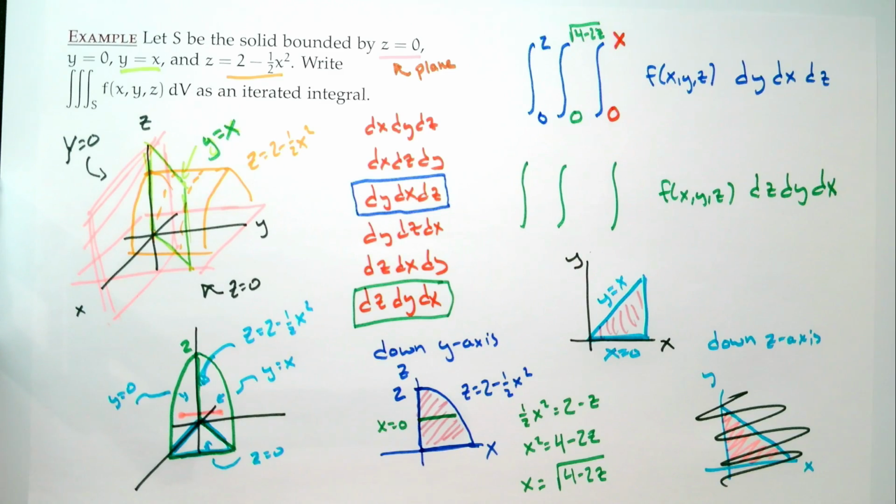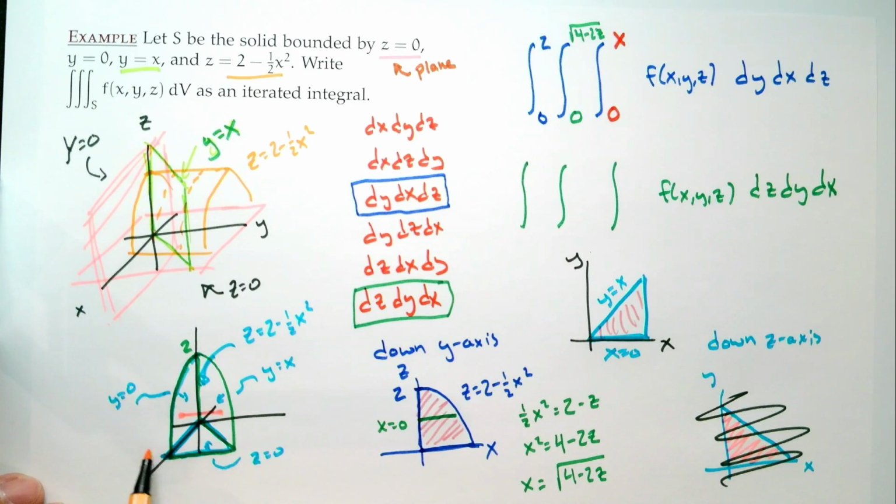Now, how do we answer that? Well, let's figure out what's happening. That happens when I look at this surface. Where does the surface z equals 2 minus a half x squared hit on the axis? So, how do I find that? We set z equal to 0, because that's where the surface hits the axis.